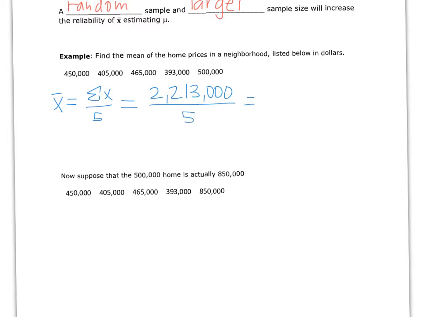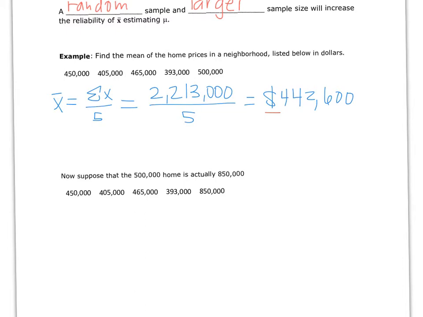We get a mean home price of 442,600. Okay, so notice I'm labeling that. We want to always label means or other statistics if we can, so it ties us back to the example, what the context of the problem is.